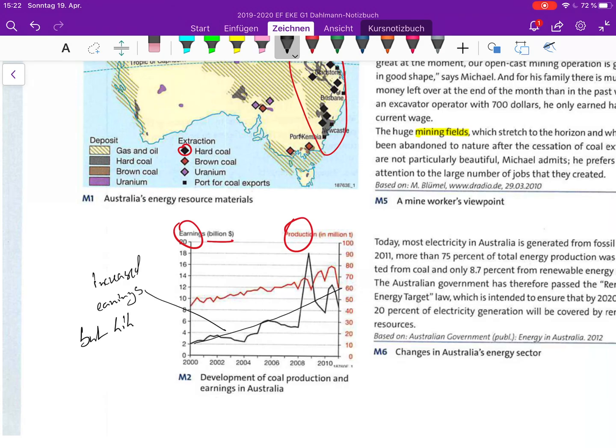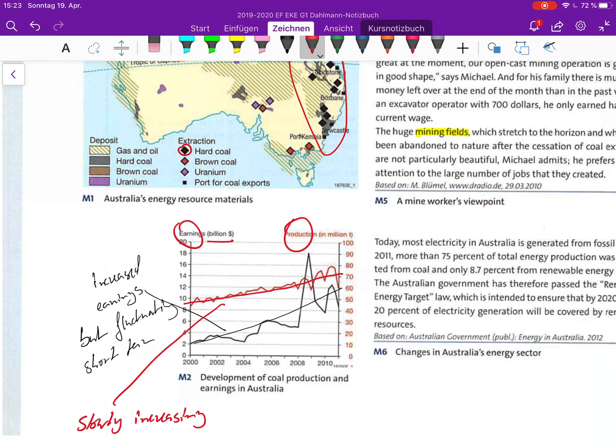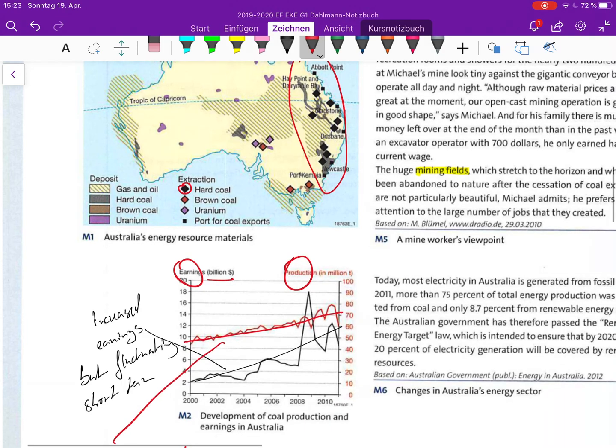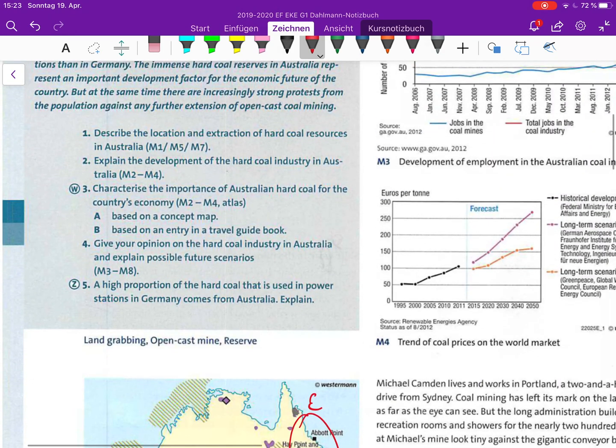But fluctuating short term. And the production: slowly increasing and also a little bit fluctuating. So earnings have increased and the production has increased.